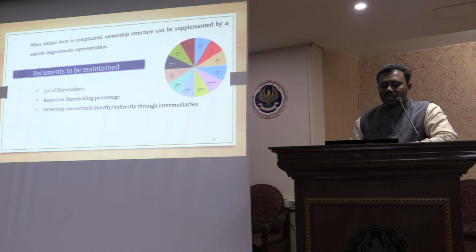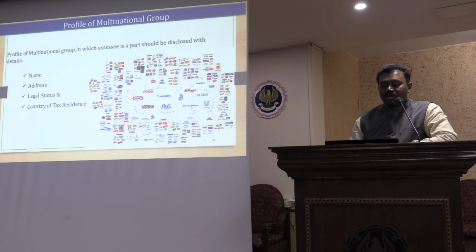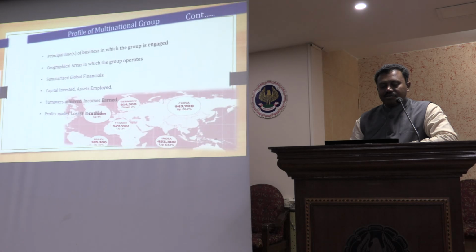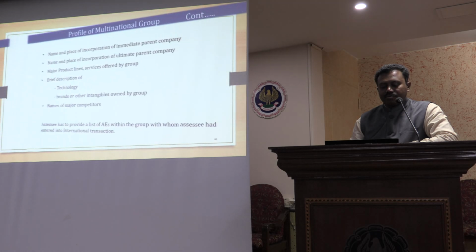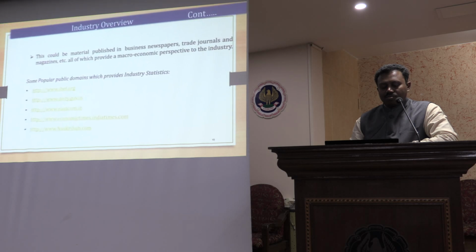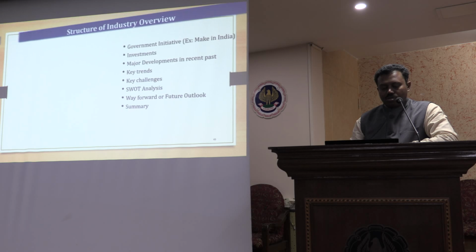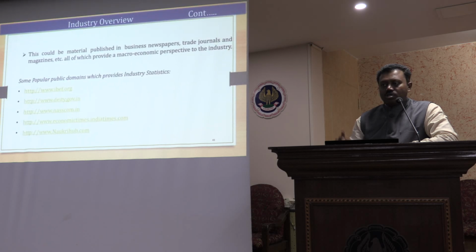What we have already seen in the TP document I will not go through. See, the profile of a multinational group can be like this. Just 30 seconds on this.